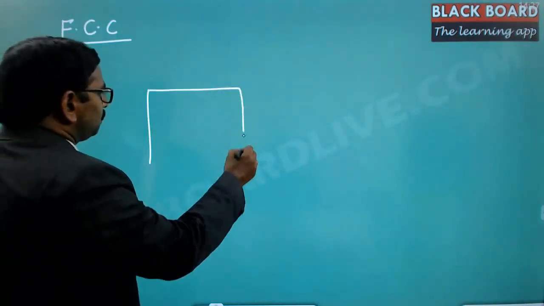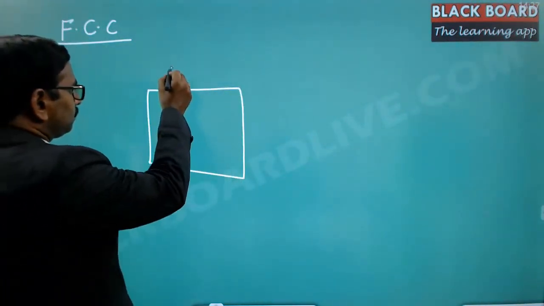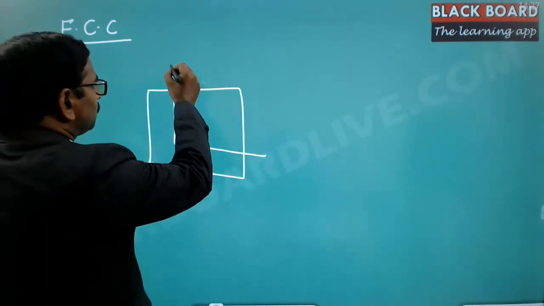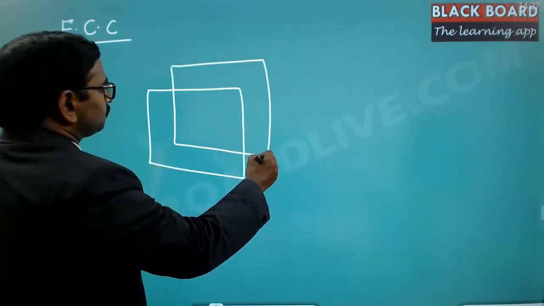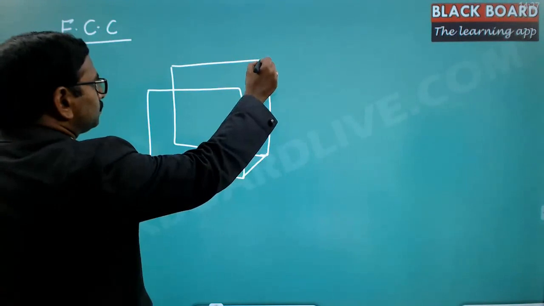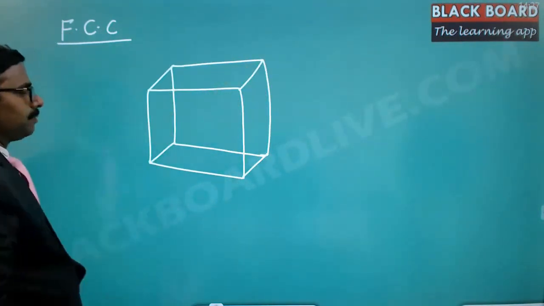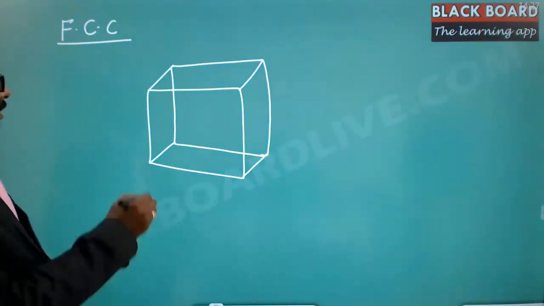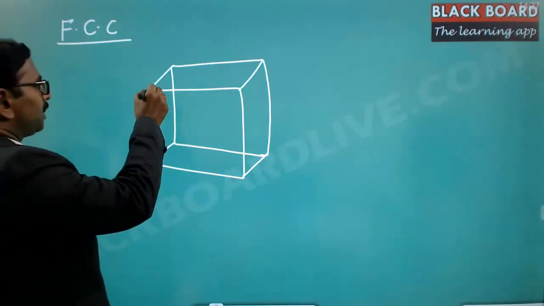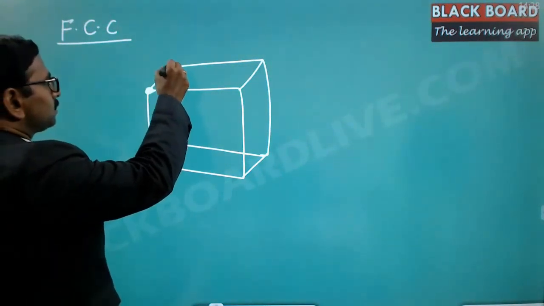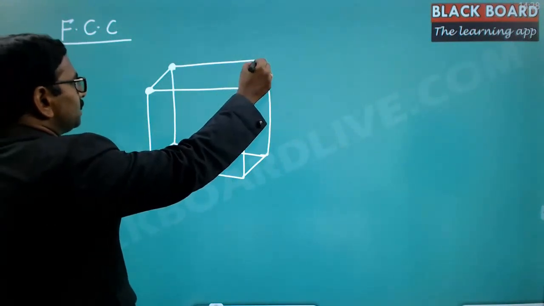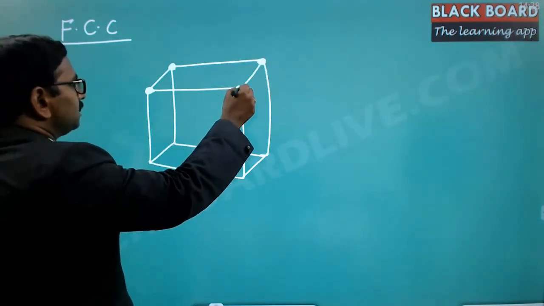This is the diagram. This is the cube. Initially, 8 points at 8 corners. In every unit cell, it must.